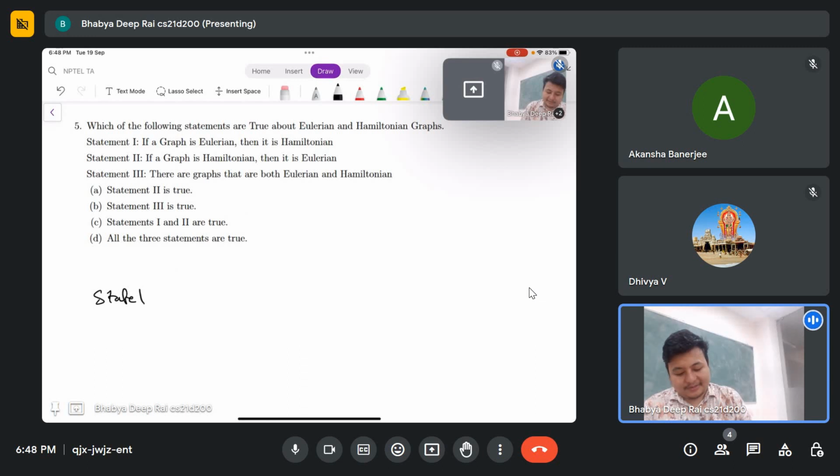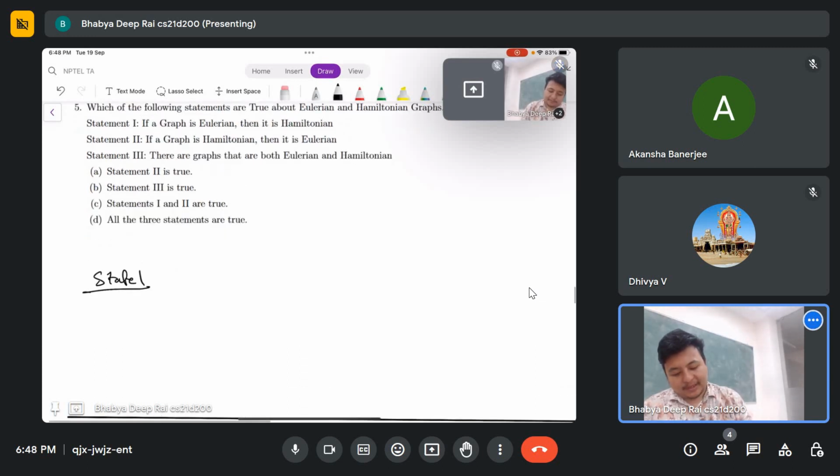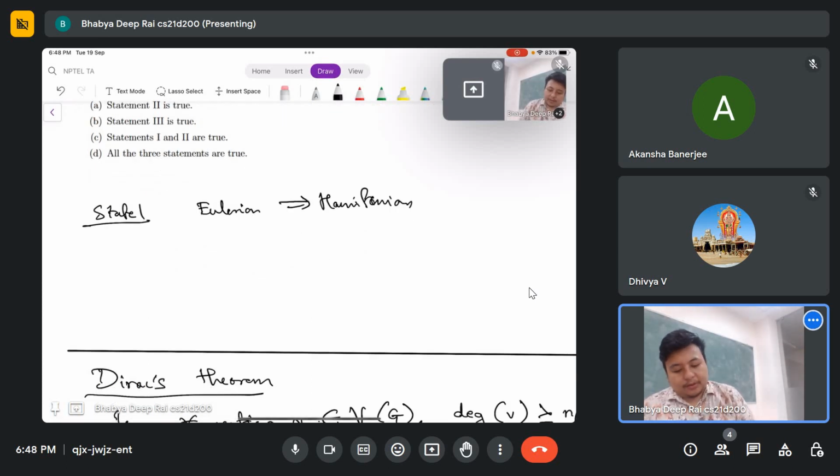Let us try to disprove this statement first. Eulerian, then Hamiltonian. So I need to create a graph which is Eulerian but not Hamiltonian. Right. So let me start making the graph.